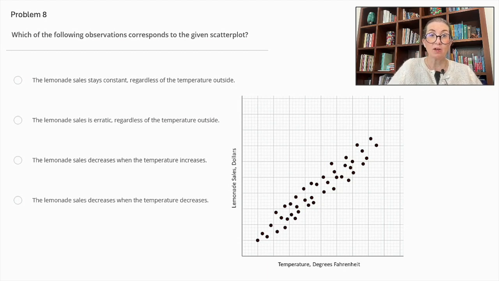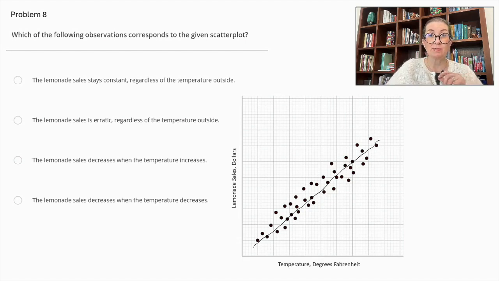So a scatter plot graph that shows data points trending upward on both the x and y axes indicates a positive correlation between the two variables being plotted. This means that as the value of the variable on the x-axis increases, the value of the variable on the y-axis also tends to increase. And that's what's happening here.